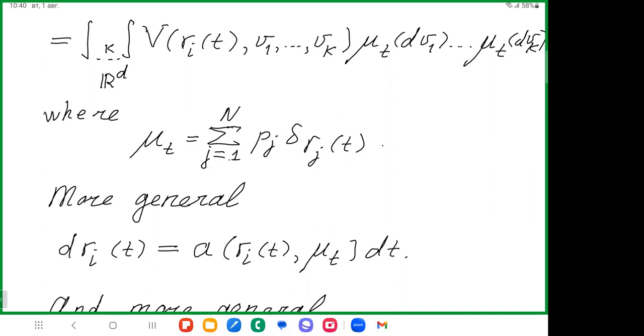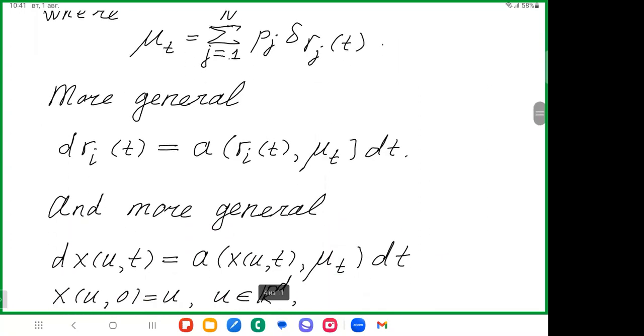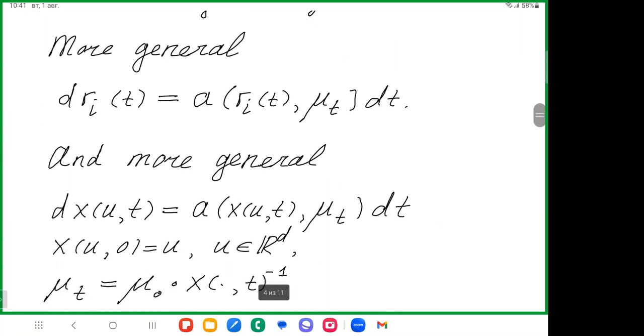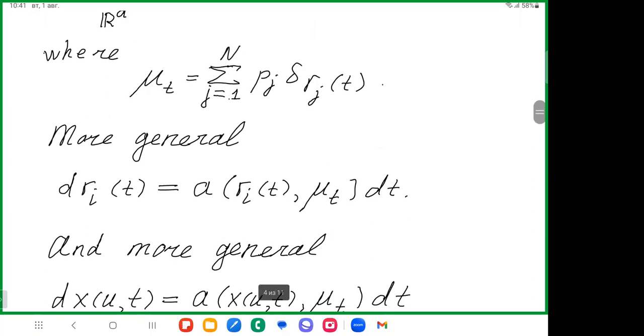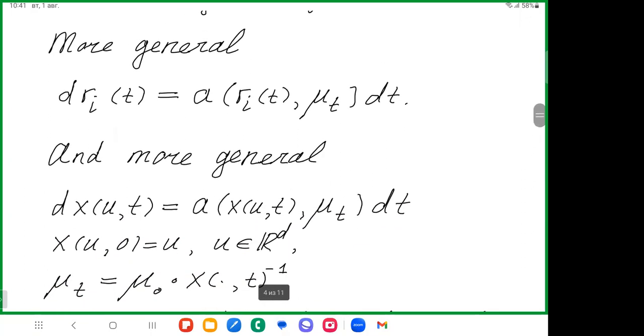It's their influence on this particle R_i via its mass distribution mu_t. And more general, and this is non-trivial step. Why?